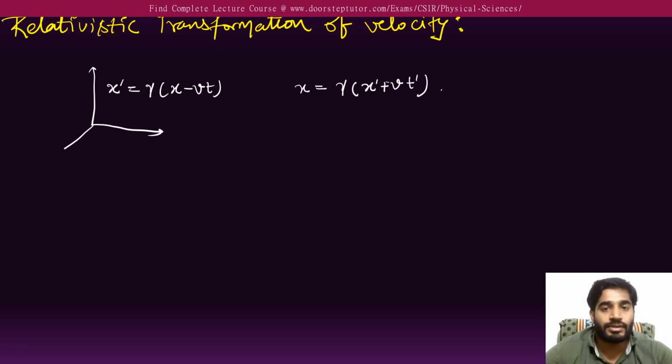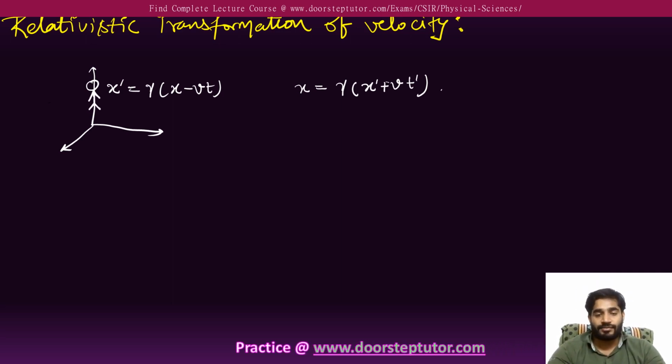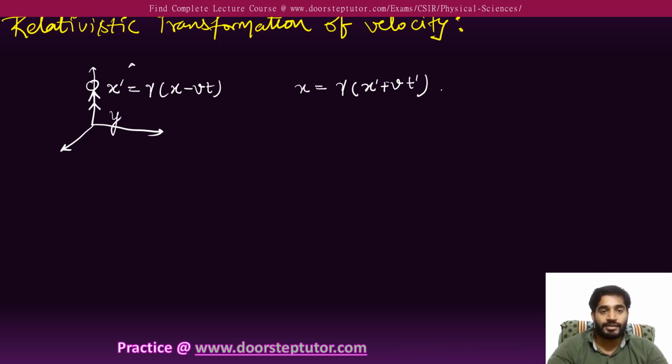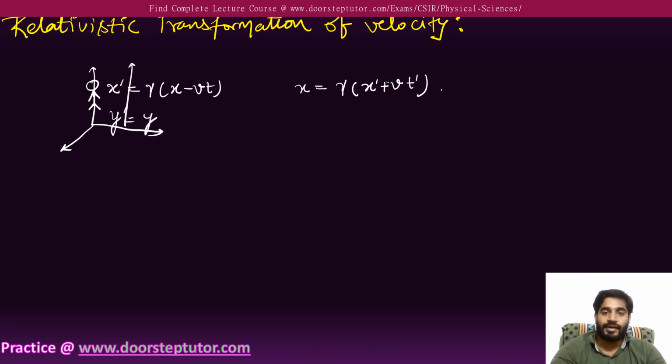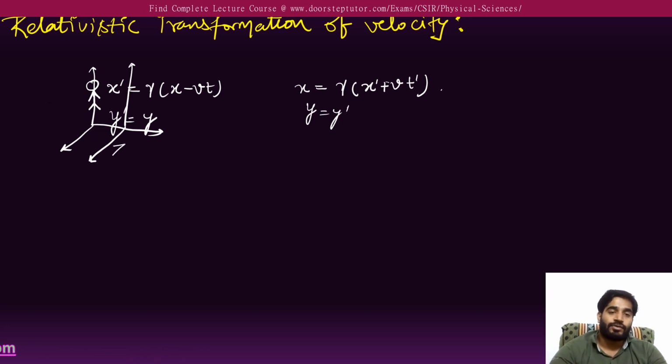These are the two coordinate transformations between the S and S dash frames. Similarly, y dash is equal to y, and so y is equal to y dash, and the same for z dash and z.